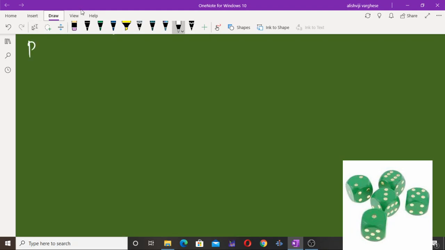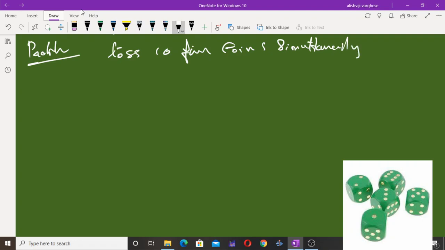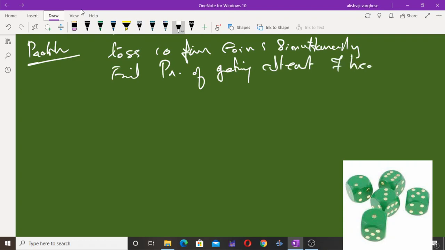So here the problem statement: toss 10 fair coins, this experiment, and they are tossed simultaneously, and find the probability of getting at least 7 heads.